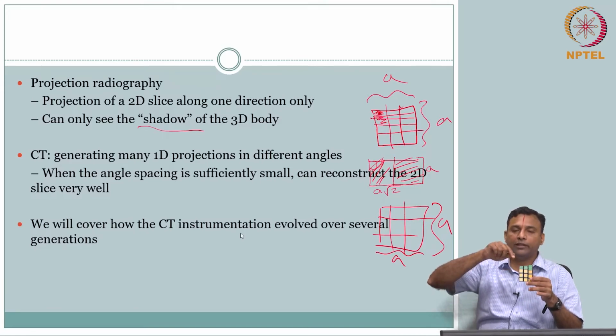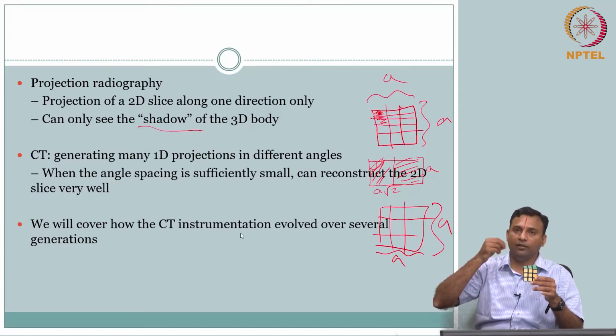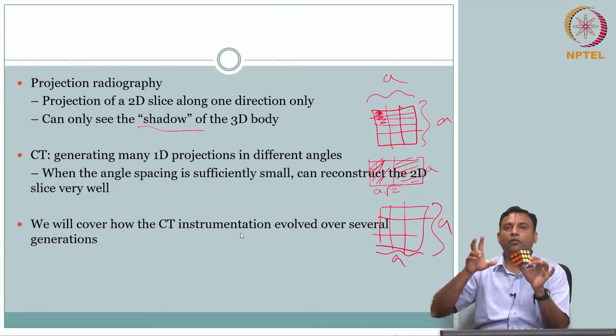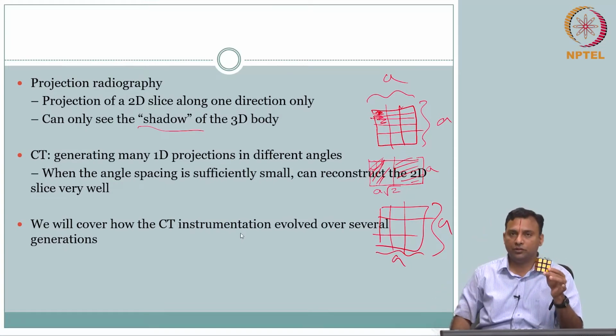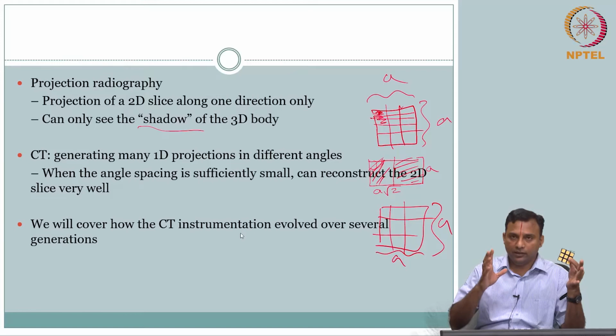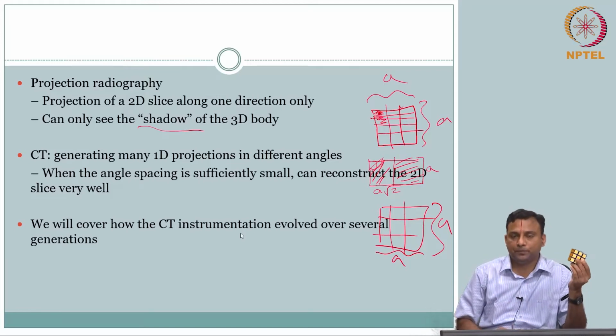I want to know, if there is a change, what the different attenuation values are along the path, not just the total. That is our goal. In order to do that, you have to get different views. If you can get different views, then maybe we can reconstruct. So the instrumentation is going to be geared towards that.